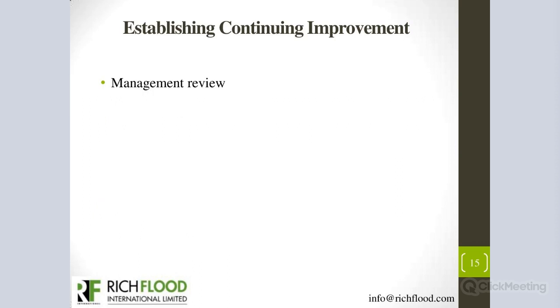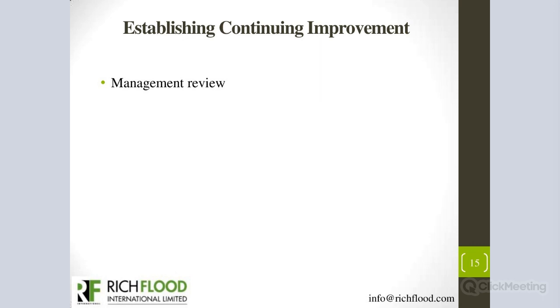Finally, the last step of what is required to set up the EMS is establishing continuing improvement. This is very important for EMS since it is a continuous cycle, so there is always a need to establish continuous improvement.